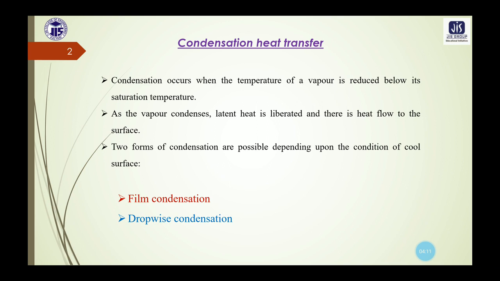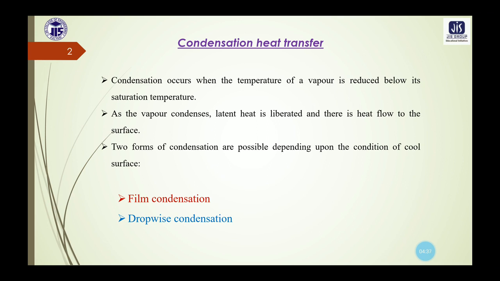Now the liquid condensate may get somewhat subcooled by contact with the cooled surface, and it may eventually cause more vapor to condense on the exposed surface or upon the previously formed condensate. So this is the main concept of condensation heat transfer.